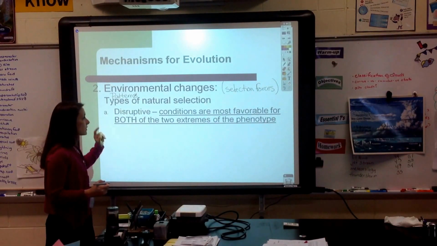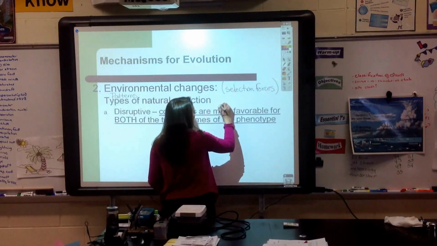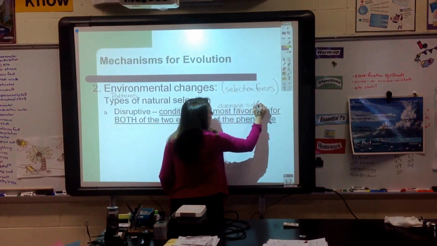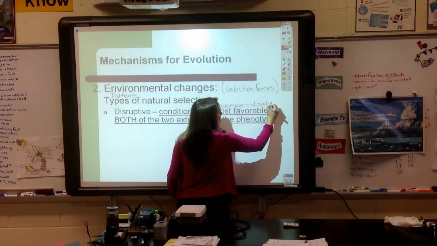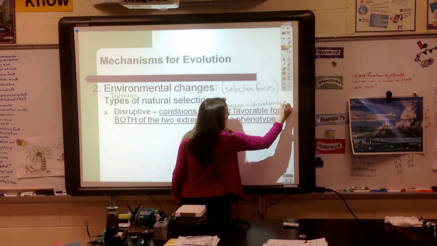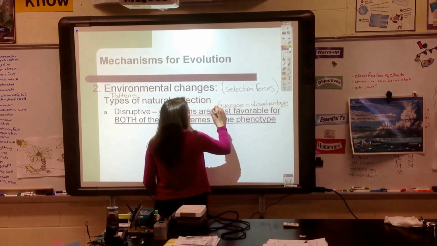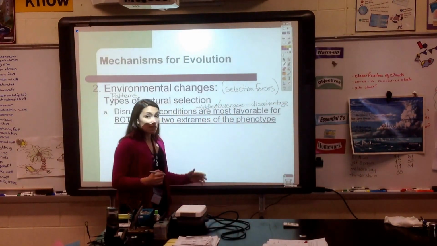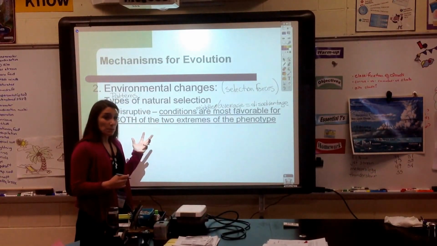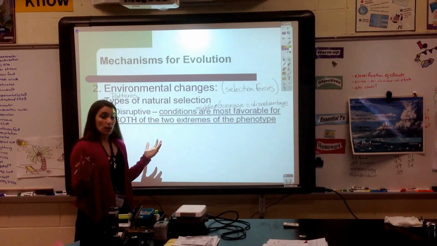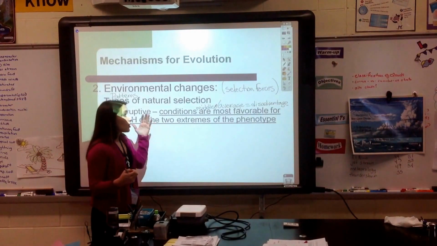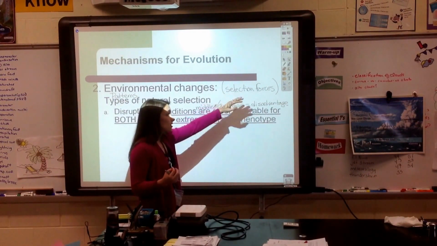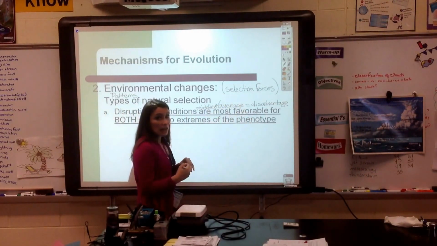And so what this means is that the average, the middle, has a disadvantage. Think of black bunnies and white bunnies and gray bunnies. The middle, or the average, the gray bunny would be a disadvantage, and the black and the white would have an advantage.